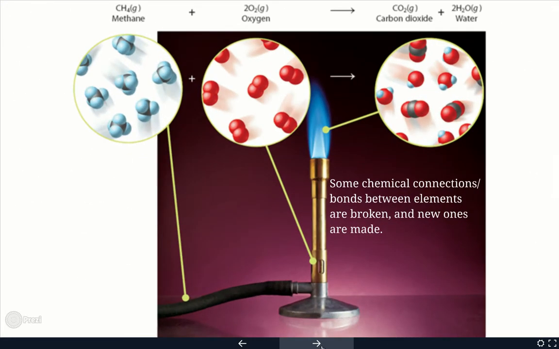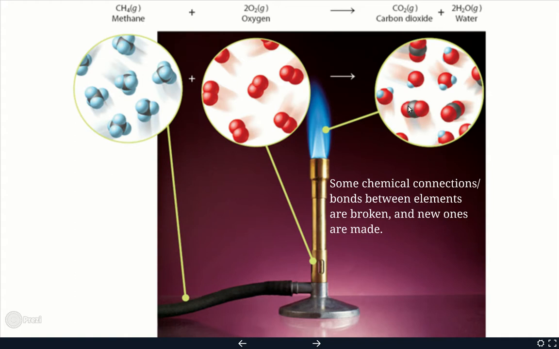So let's look at this slide. We have methane, CH4, and this is what the molecule looks like. And we have oxygen, O2, and these are two different substances, a compound and a molecule. When they react together in the presence of heat, they rearrange, and now we have something different on the other side. We have water, H2O, and we have carbon dioxide, CO2.